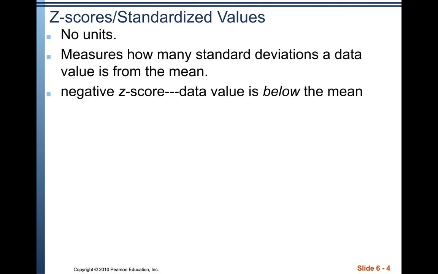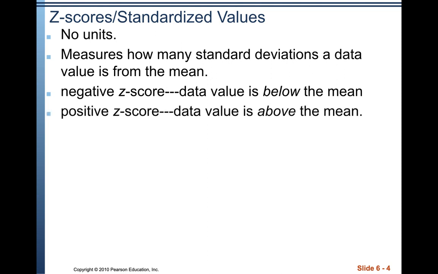So for example, if you have a data value that is below the mean, below average, so for example, if you take a standardized test and the score that you get on that test is below average, that means the z-score is negative. A positive z-score is obviously the exact opposite. So if you take a standardized test and your score is above average, if the data value is above the mean, that means you have a positive z-score.